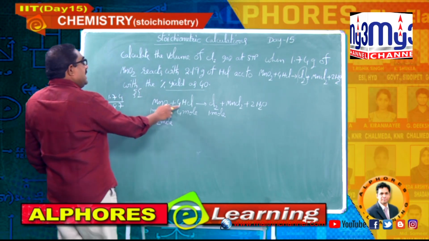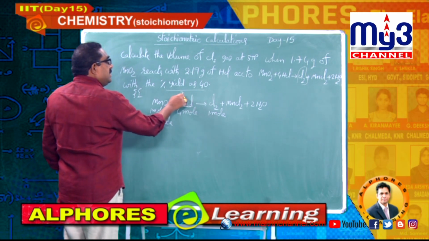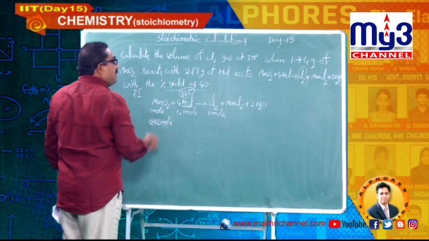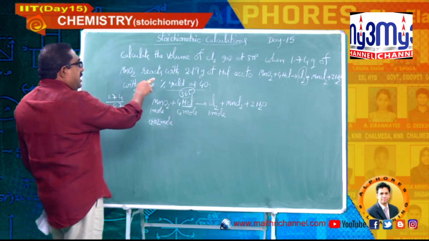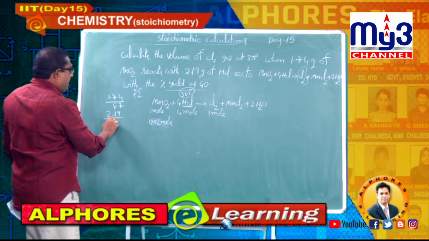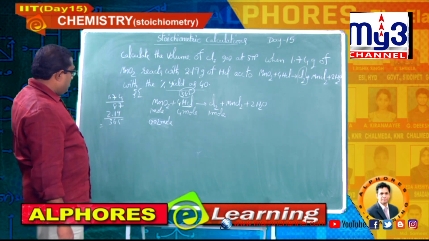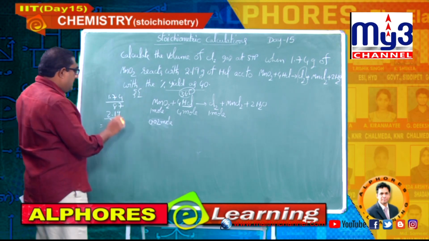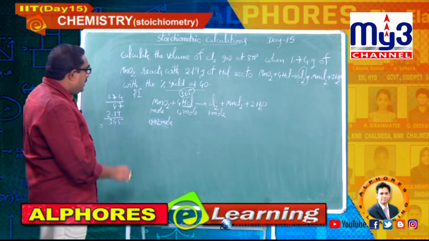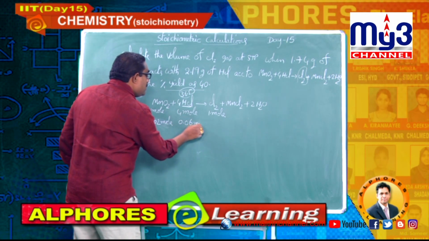HCl, we know 35.5 plus 1, 36.5 is the molar mass, but mass of HCl he has given as 2.19. I am calculating the moles. 2.19 divided by 36.5, so you can write it as 0.06 moles.